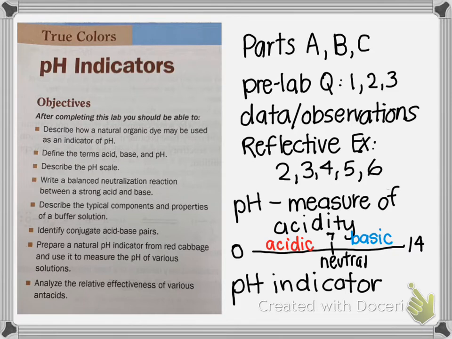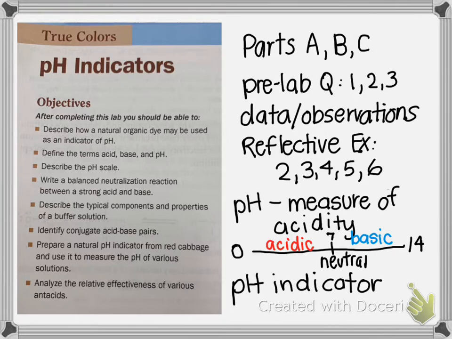So when you boil red cabbage in water, the chemical, which is the indicator, is extracted into the water solution, and the water turns a purplish red color. When it's that purplish red color, that chemical can change color depending on the acidity of the solution.